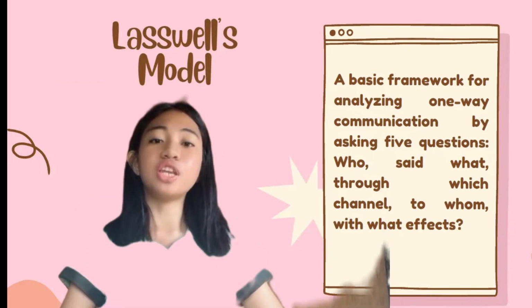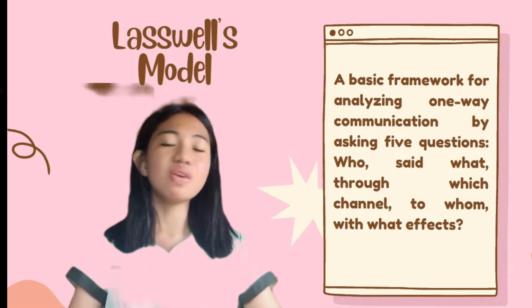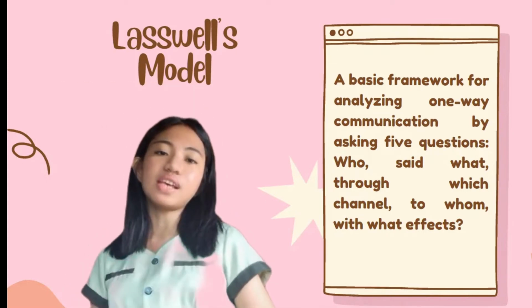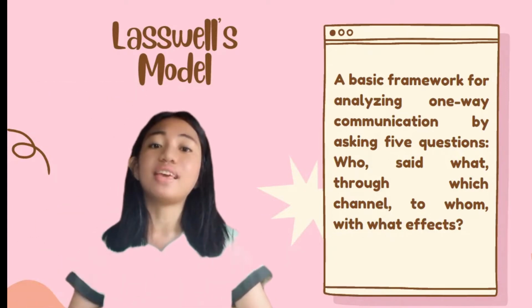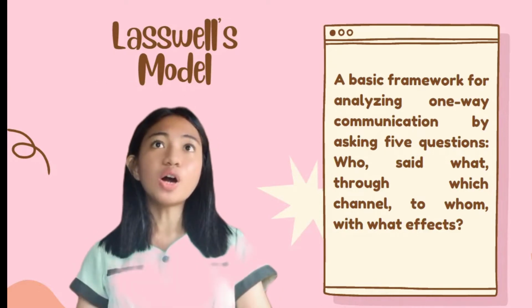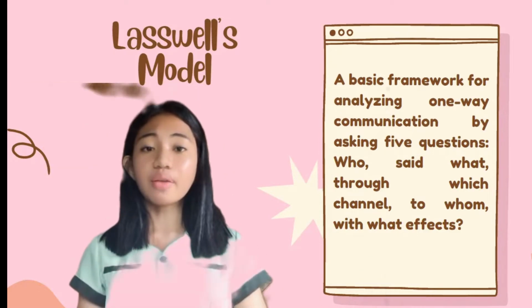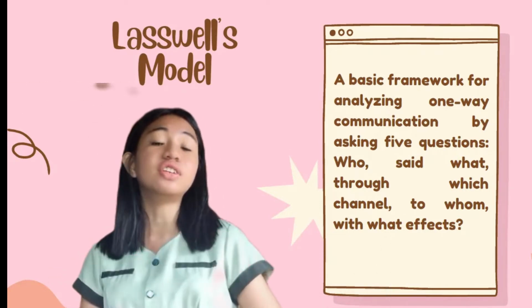Laswell's model of communication tries to understand the communication event by asking 5 important questions. It looks at who created the message and what their bias may be, what they said, the channel they said it through, for example, the TV, the radio, or the blog, who they said it to, and what effect it had on the receiver.